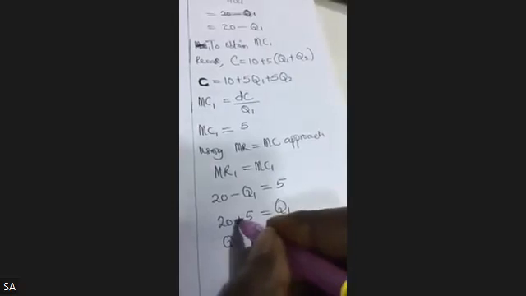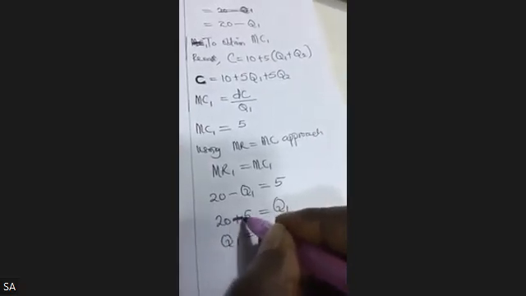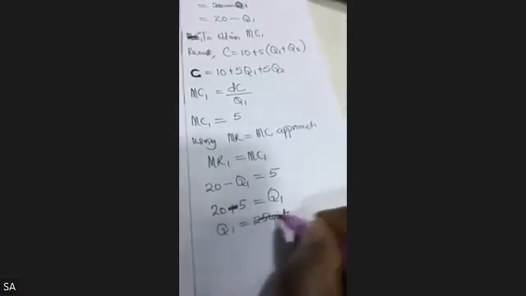It's supposed to be minus when the 5 moves to that side. So it is 15. So Q1 is 15 units.